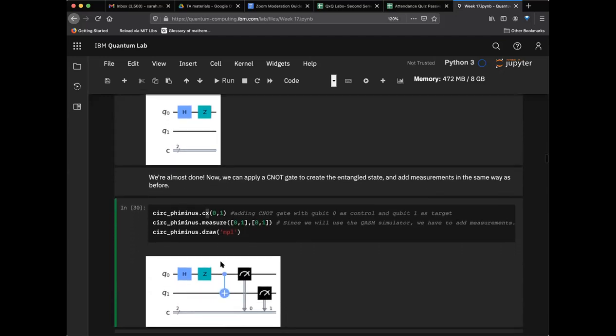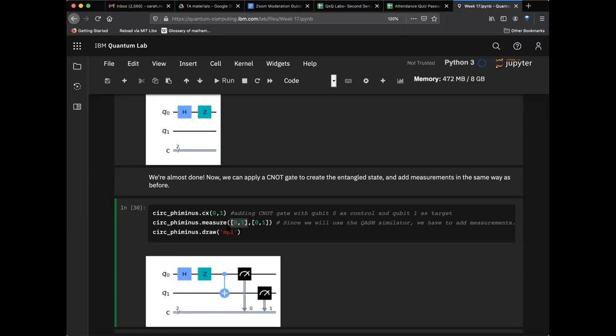Then we're going to add measurements where we put our 0th qubit and our first qubit onto our 0th classical bit and our first classical bit. In these little lists, the first thing is the qubits that we want to measure, and the second element is the classical bits where we want to store the quantum information that we've measured.